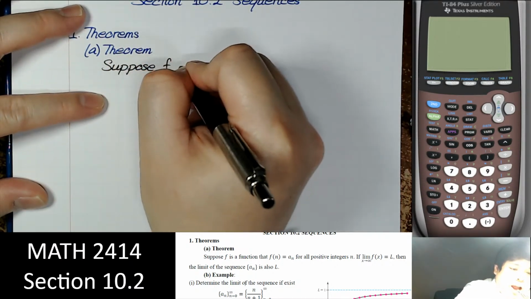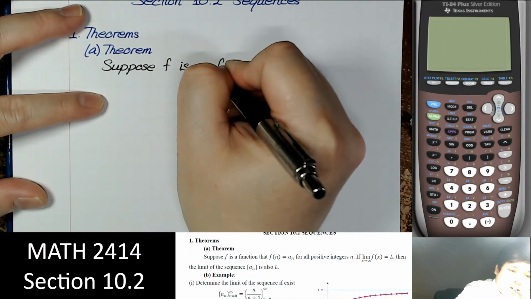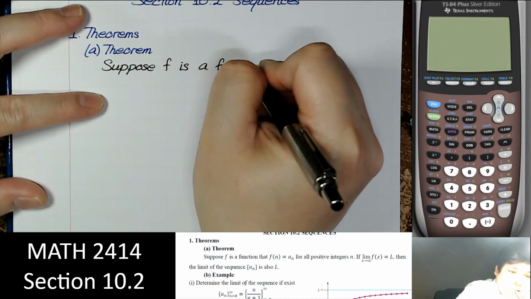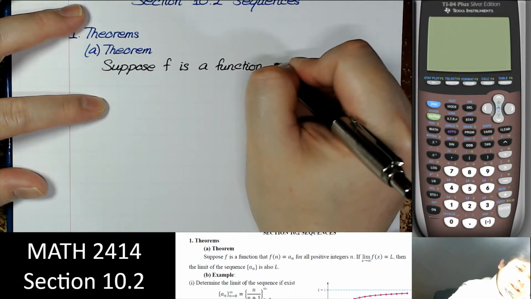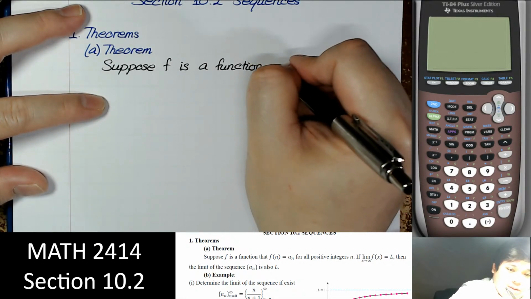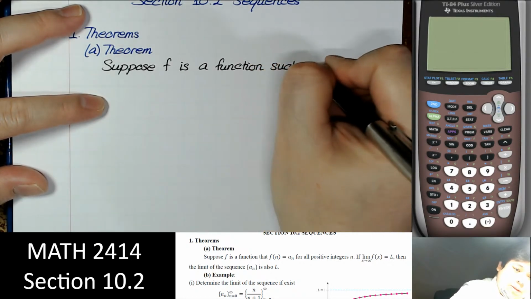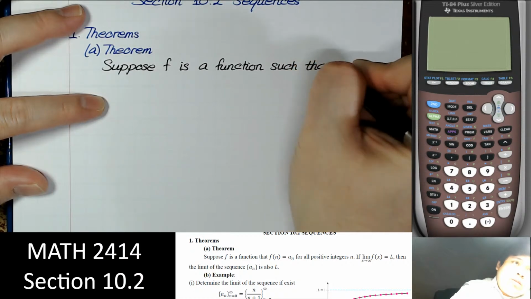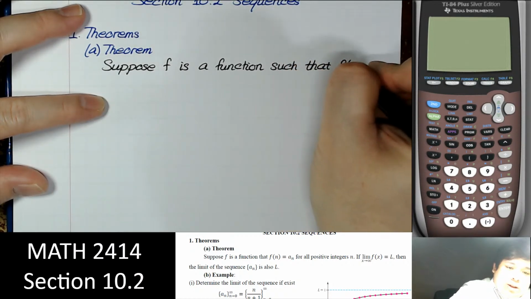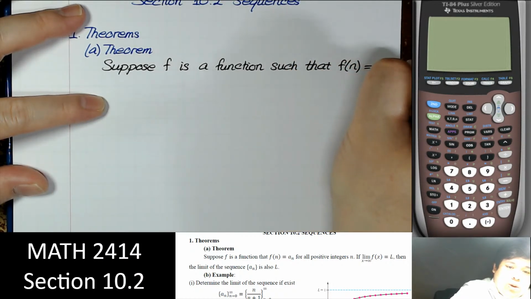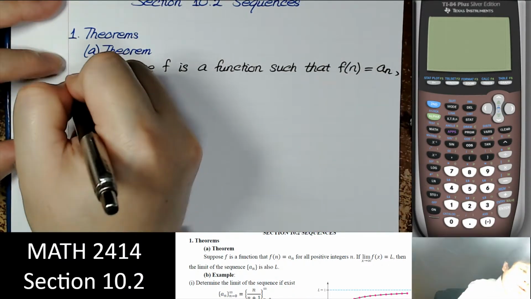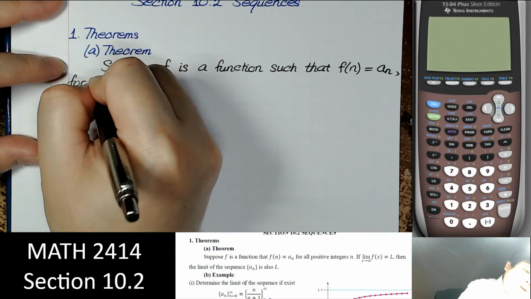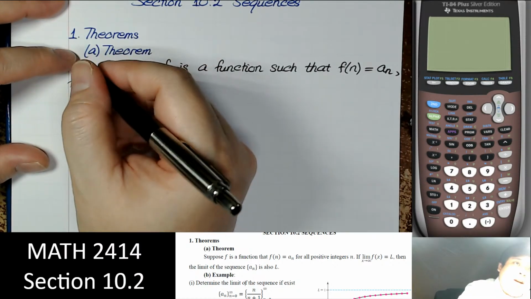Suppose f is a function such that it is equal to a sequence a sub n for all positive integers.